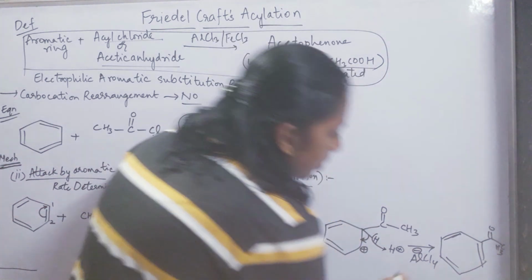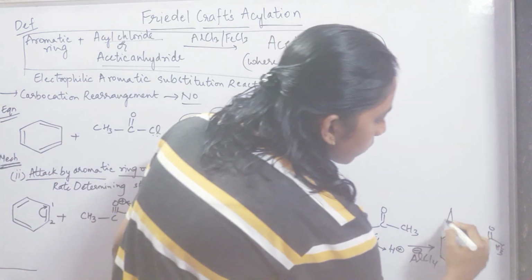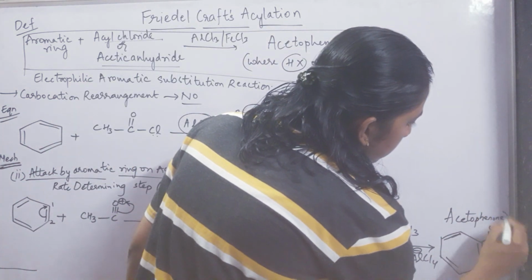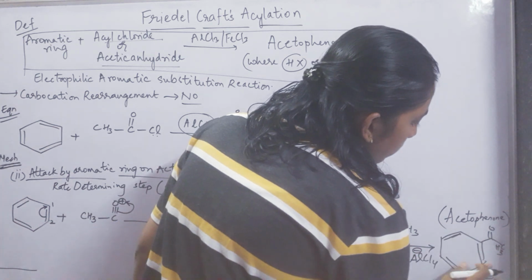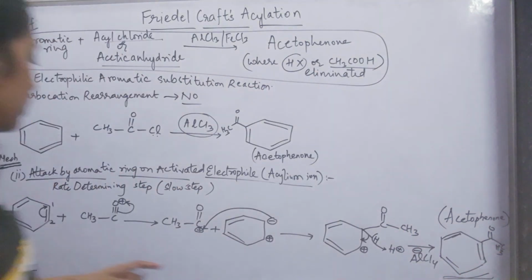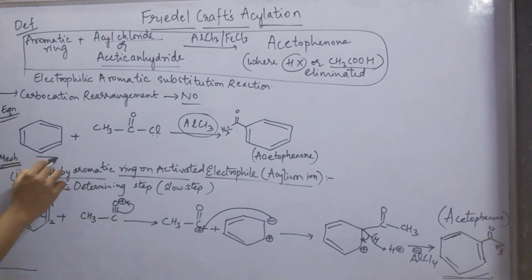Okay, so the product formed here is acetophenone. This is acetophenone. Okay, now this is the reaction between benzene and acyl chloride.